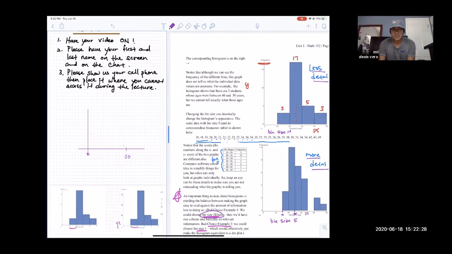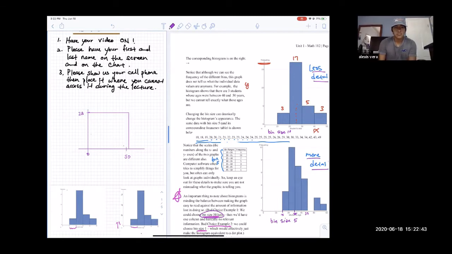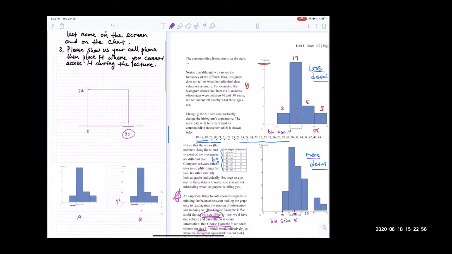All of them. There are 28 of them, actually. We'll just say this is 28. That's 50. Does that tell you anything right here?